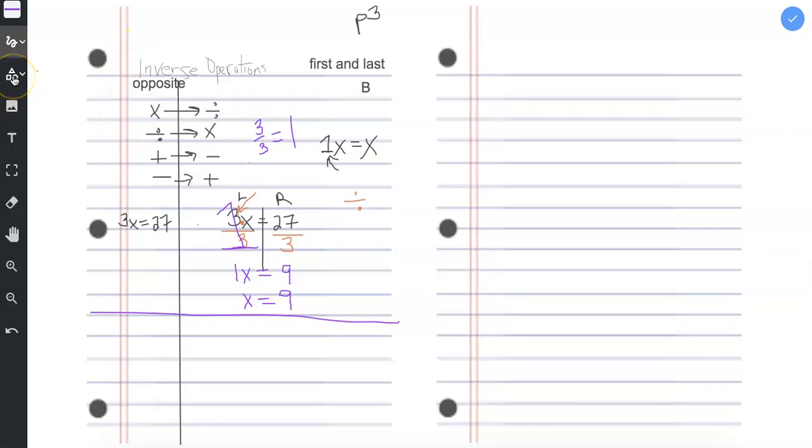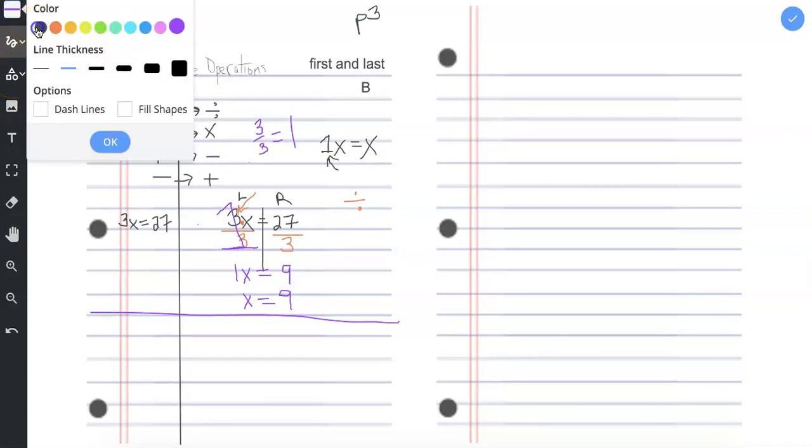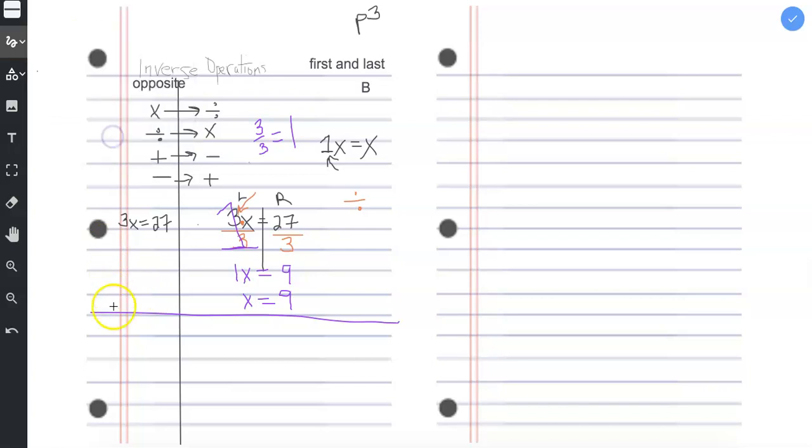All right, the next problem, let me go back to my original color. Okay, so the next problem is x divided by 2 is equal to 15.